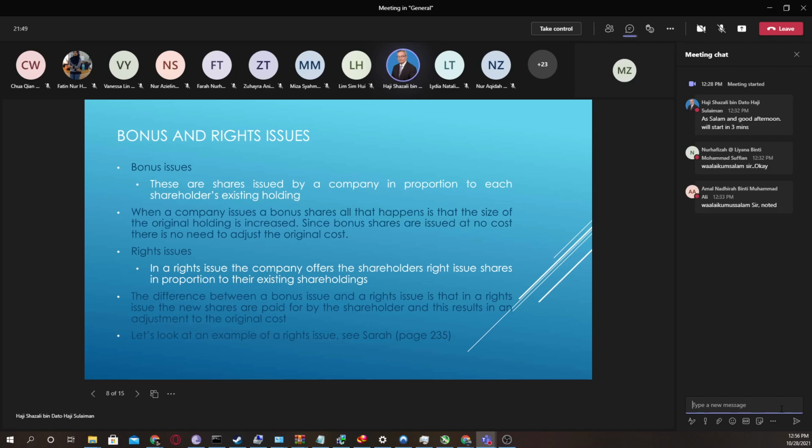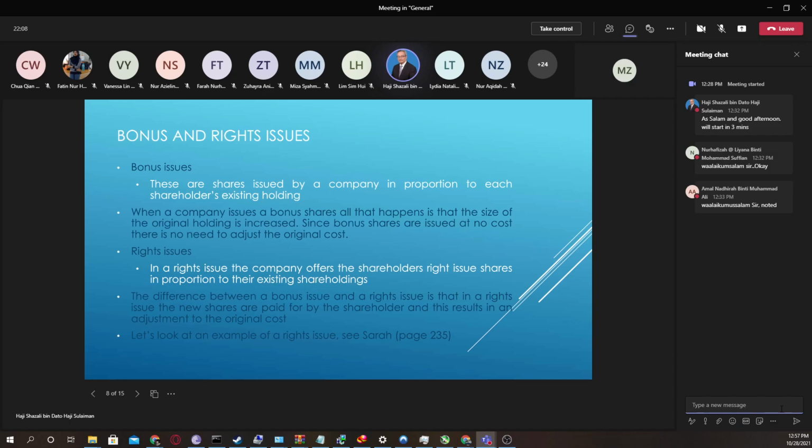Then that will have an impact on the cost as well. So the 5,000 shares at £2.75 gives a cost of £13,750. So your pool after the rights issue is 15,000 shares, £28,750.